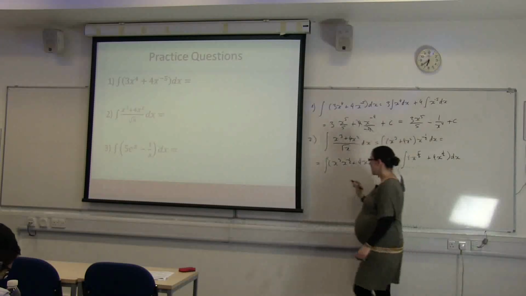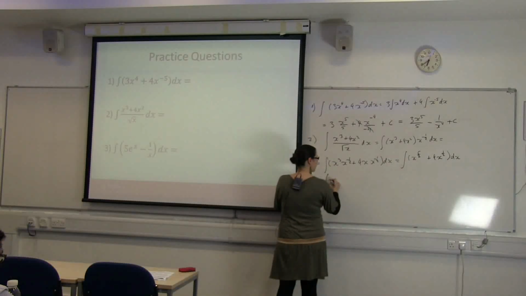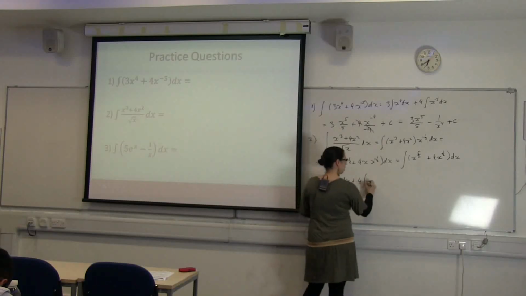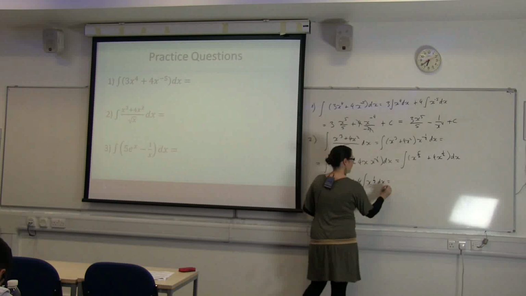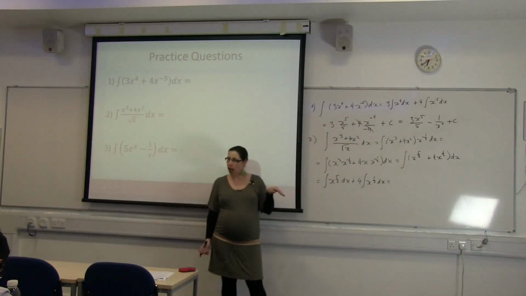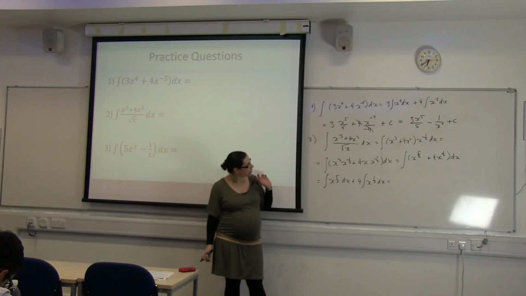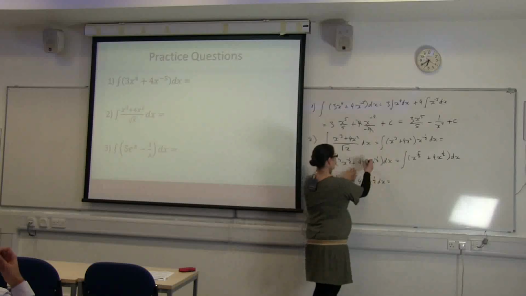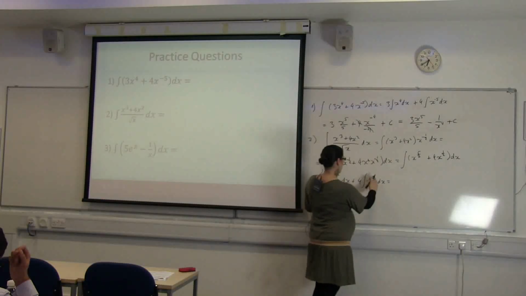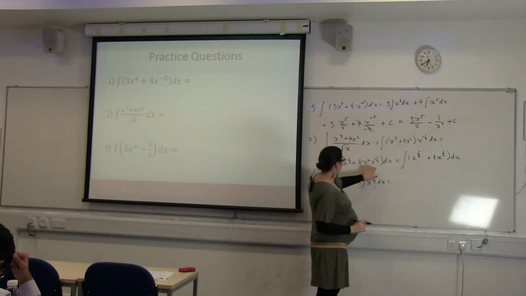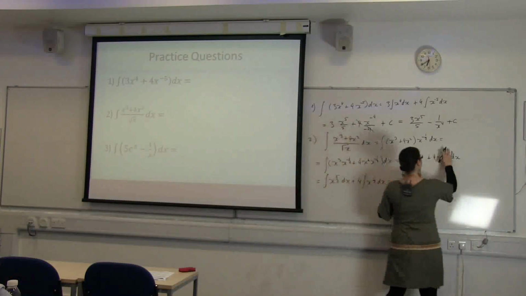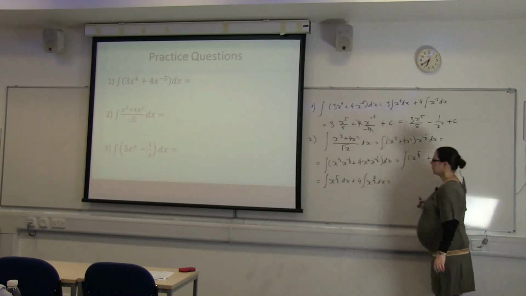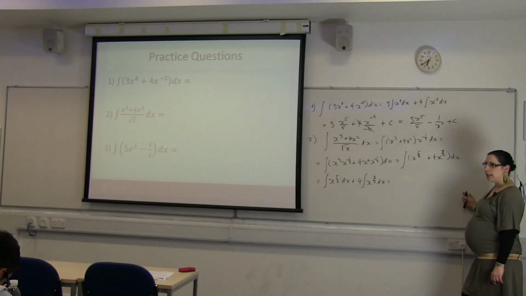And now I can separate them: integral of x to the 5 over 2 dx plus 4 times the integral of x to the half dx. None of the powers are negative 1. Oh, it's squared. Yes, we missed out the squares, so it's 4x squared times x to the minus half, and that is 3 over 2. Okay, thank you very much. Eye of an eagle.